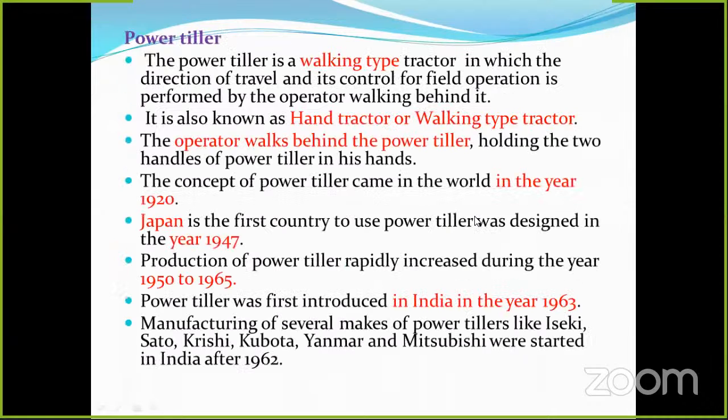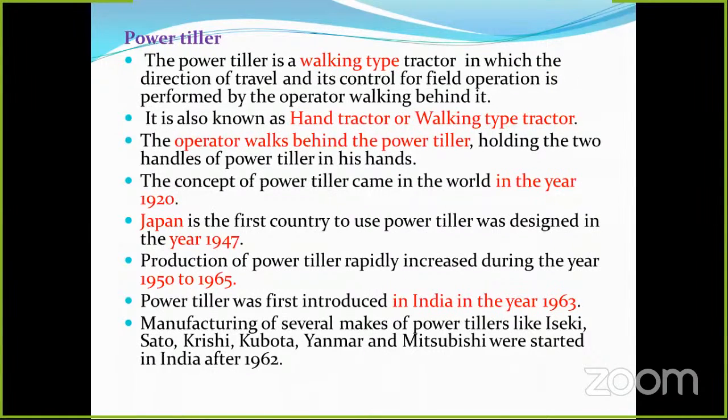Next, power tiller. It is also called a walking type tractor. Whenever the power tiller moves, the rider should walk. In 1920, the power tiller was introduced into the world.